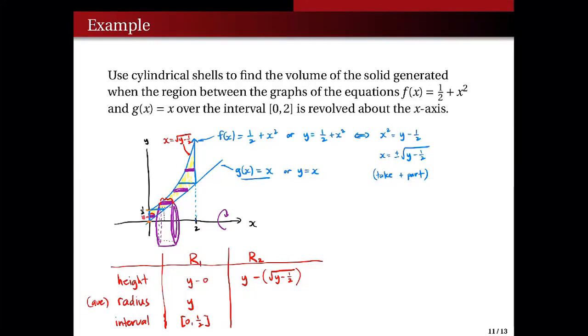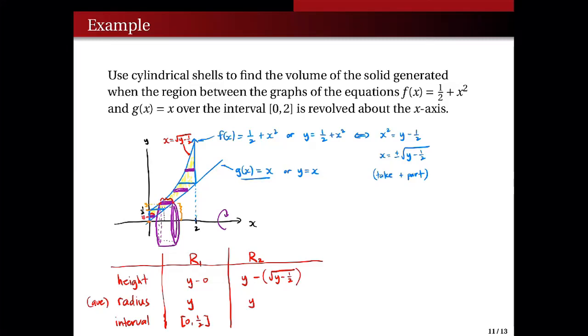The radius, again, is just y. This is represented by y. It's from this going to the x-axis. So still, the radius is y. What's the interval now?